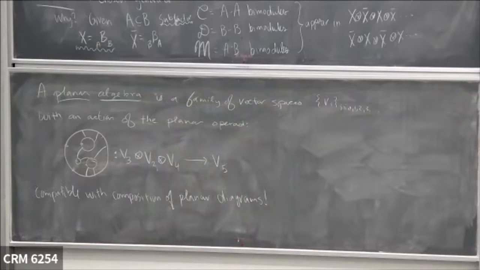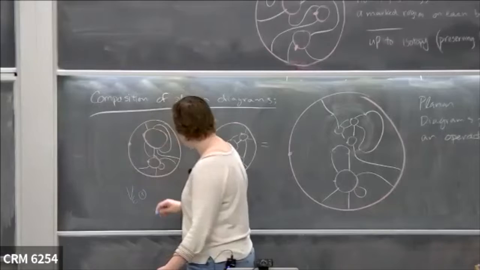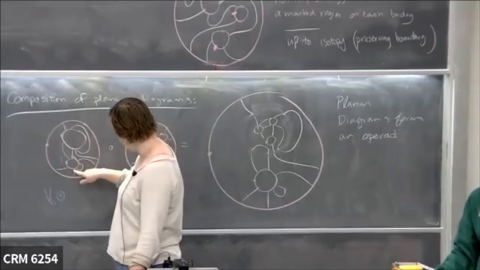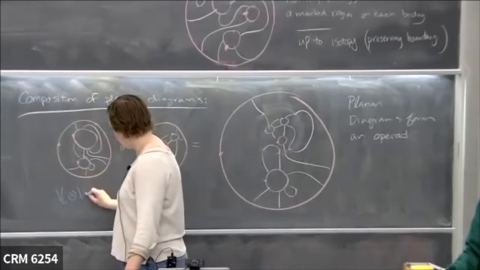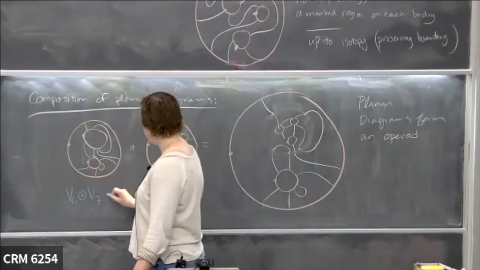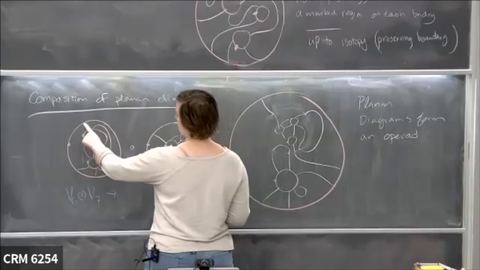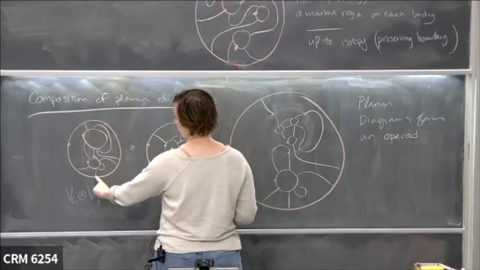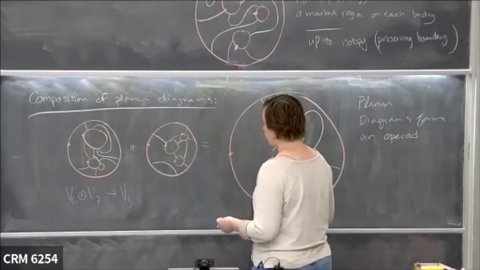Let's make use of this. So what's going on here? We have inputs coming from V6, and there are, I think, 7 strings around this disk. And our outside has 1, 2, 3, 4, 5 boundary points.